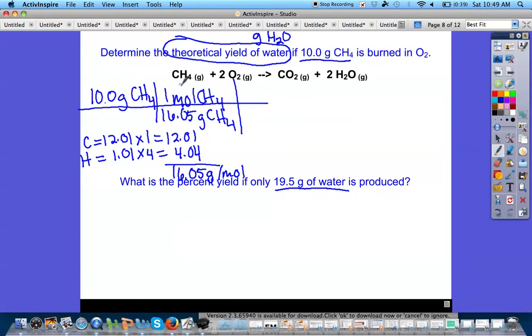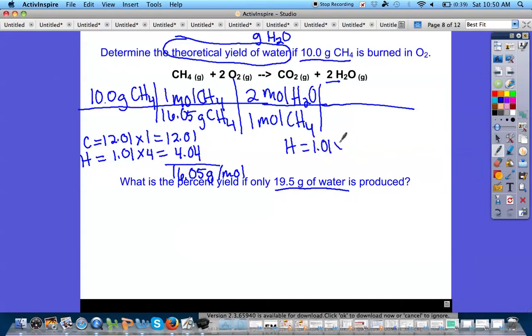So then we need to look at our chemical equation for our mole ratio. We have 1 mole of CH4 and we have 2 moles of water. And then we're also going to have to find the molar mass of water. So hydrogen, its average atomic mass is 1.01.